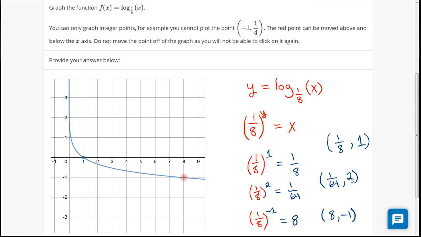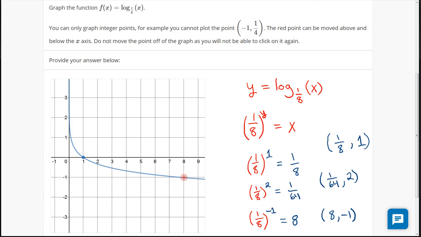And what about when x is 1/64? 1/64 is really close to 0, and you can see from the graph that if I want the y-coordinate to be 2, the x-coordinate does have to be really close to 0. So sure enough, this looks like a pretty good graph. So I think that's how you do it.